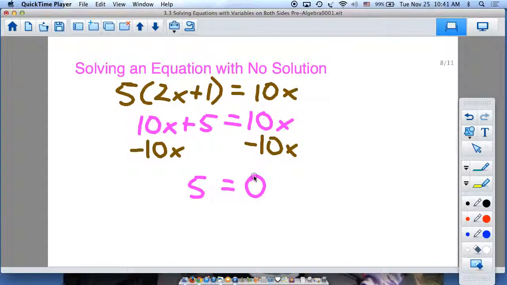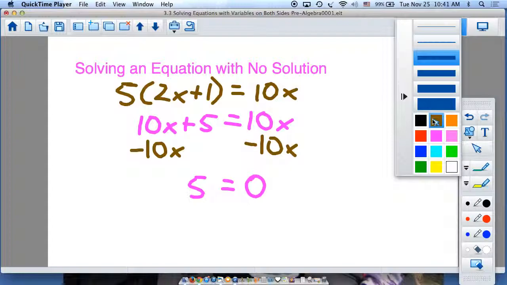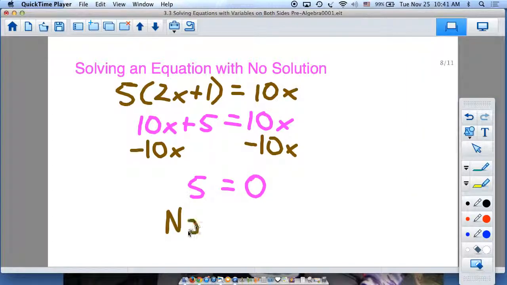Now does 5 equal 0? We all know that's not true, so we would write that this answer has no solution. Because once again, 5 does not equal 0.